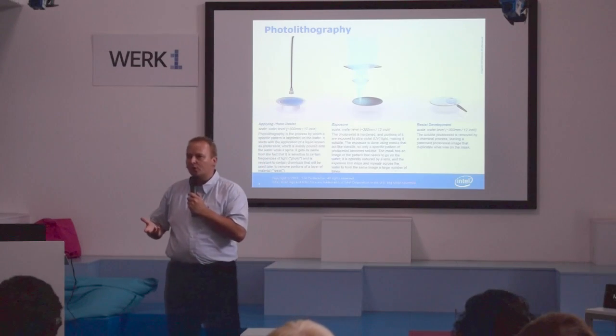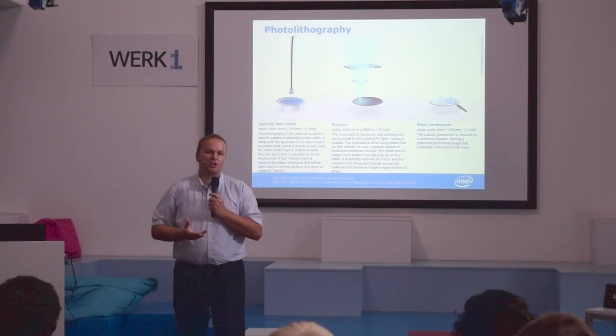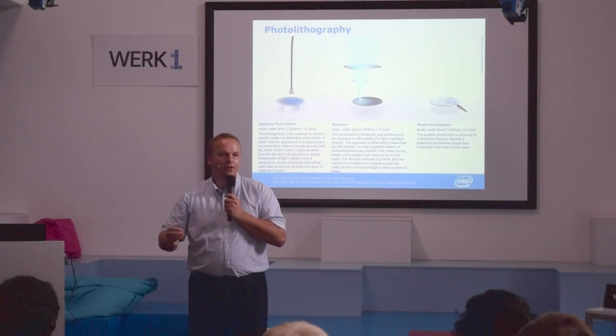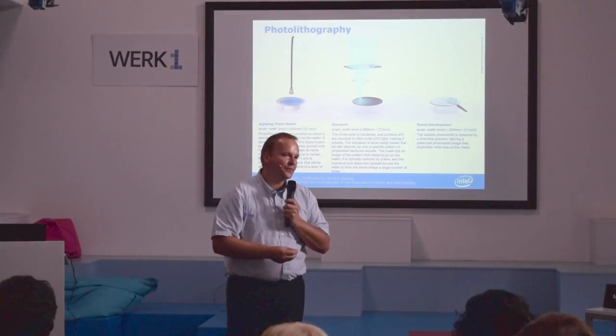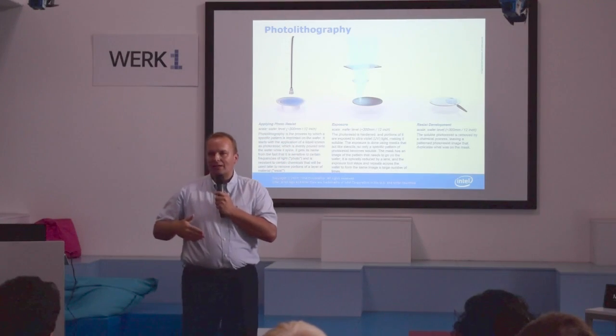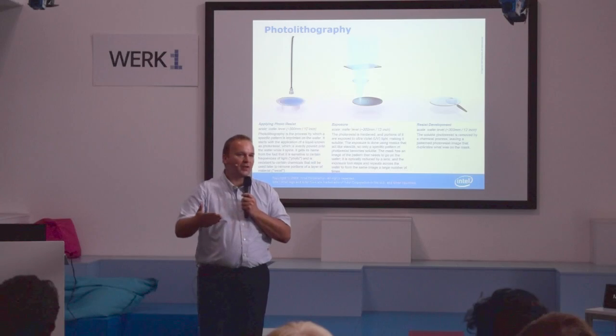Some of the tricks we do is optical proximity correction, which is basically you create a mask that looks very different from what you actually want to create, or you do multiple patterning, so you actually use light and the photoresist process several times.